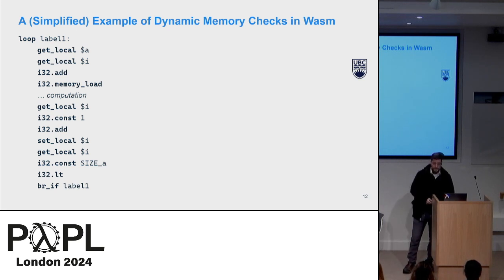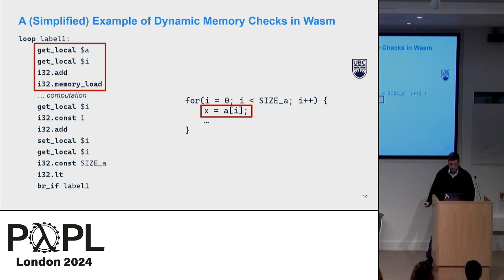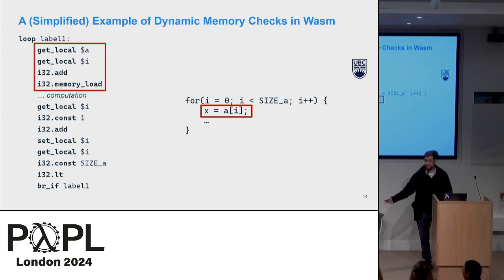So here's a program, and it's basically the Wasm style of a for loop. For those of you who know Wasm, maybe you'll understand what's happening here. For those of you who don't, hopefully you just trust me. So the first part is basically doing some pointer arithmetic on the array and the loop iteration variable to come up with the memory address that we're then going to load.